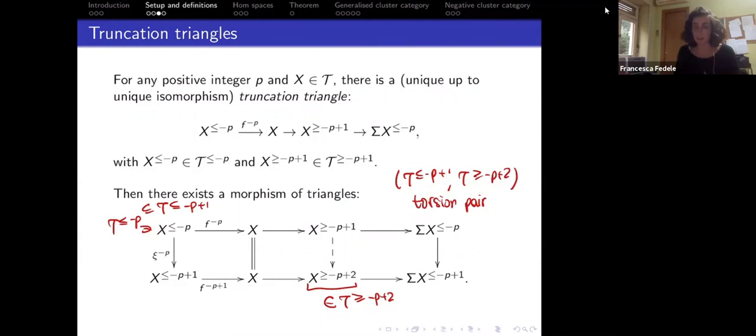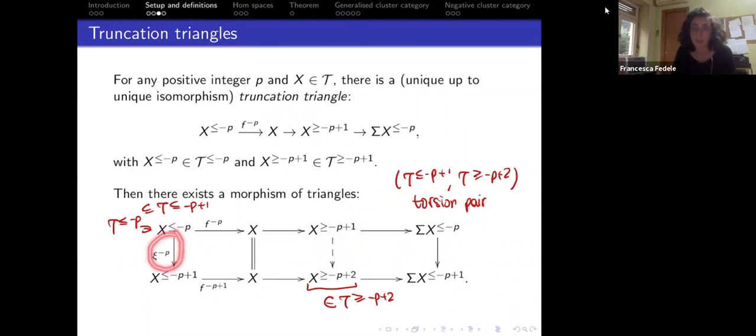Then by properties of triangulated categories, you get a morphism psi_{-P} such that this square commutes, and you can also complete it to a morphism of triangles, so you also get this other one. We won't really care about the dashed morphism for the purpose of this talk, but I just wanted to point out that you actually get a morphism of triangles, not just this.